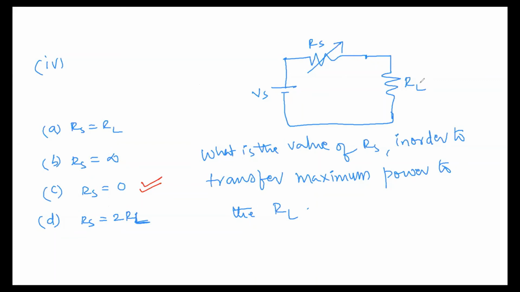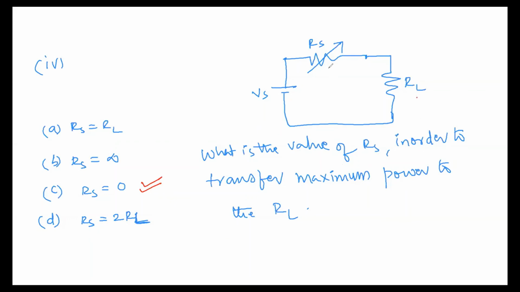In order to give maximum apples to one person, the apples given to the other person must be 0. Okay, this apple example is not good. Whatever. Now let us say this is RL. Maximum power you have to transfer to RL, not RS.